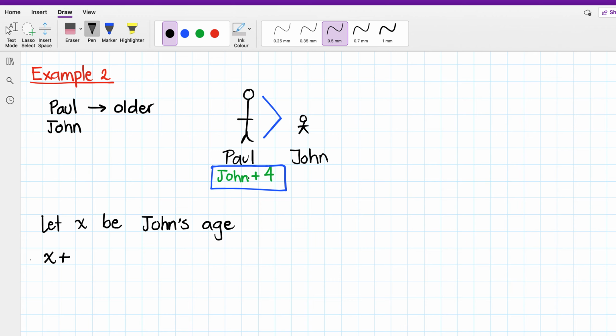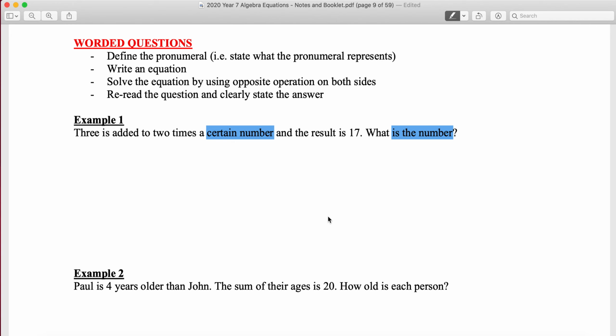What is going to be Paul's age? In terms of my pronumeral, it is X plus 4, because we said John's age was X. Agree? John's age is X, therefore Paul is going to be X plus 4. So I'm going to write X plus 4 is equal to 20.